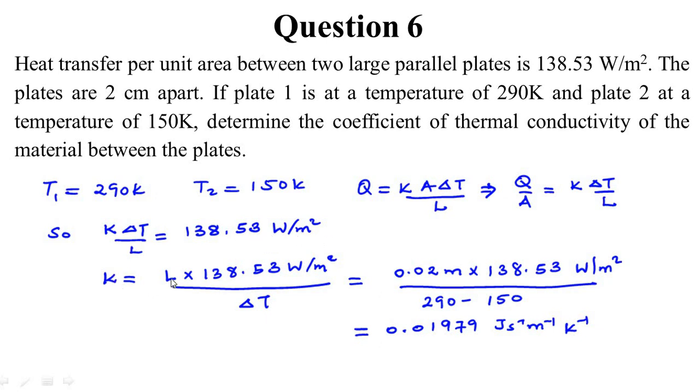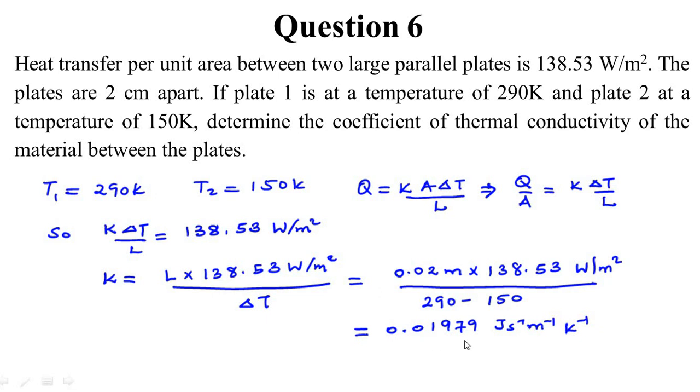So K itself will be L times this value over delta T. L we know was 2 centimeters; converting that into meters, you end up with 0.02 meters times 138.53 watts per square meter, all over the difference in temperature. The temperature at the hot point is 290 Kelvin, and at the cold section is 150 Kelvin. That difference gives you 140. Divide the value you have up here by the 140.